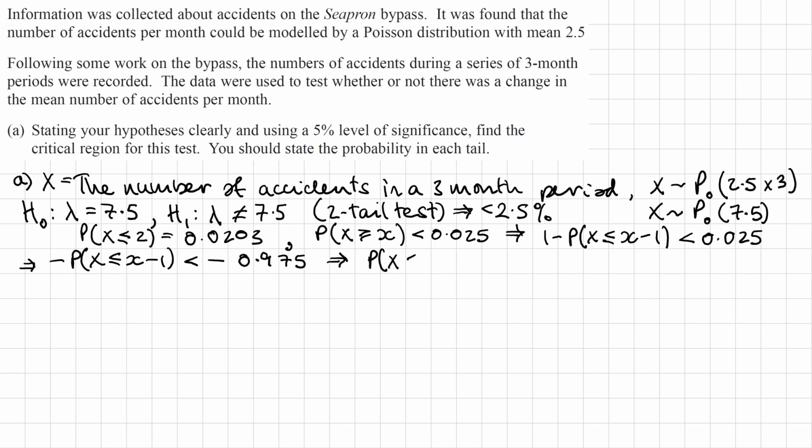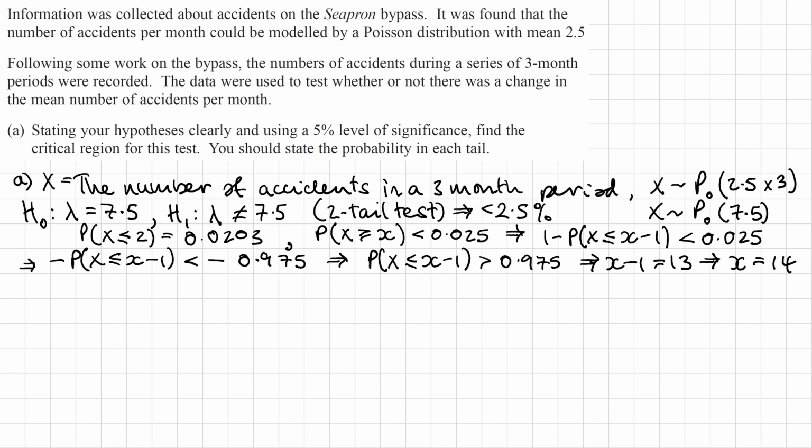So the probability X is less than or equal to x minus 1 is going to be greater than 0.975. So now we can work out what x minus 1 is in the table by looking for the first value that's greater than 0.975, and that's 13. So that gives us x is equal to 14.